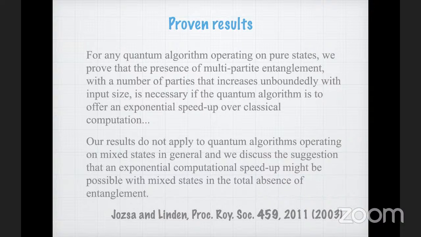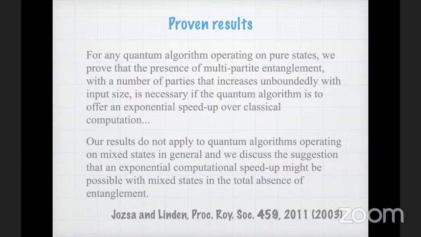And in that very same paper, they made this statement very emphatically, which is to say that these results do not apply to quantum algorithms operating on mixed states in general. And they also discuss the possibility that with mixed states, you may have computational speed up in the complete absence of entanglement.